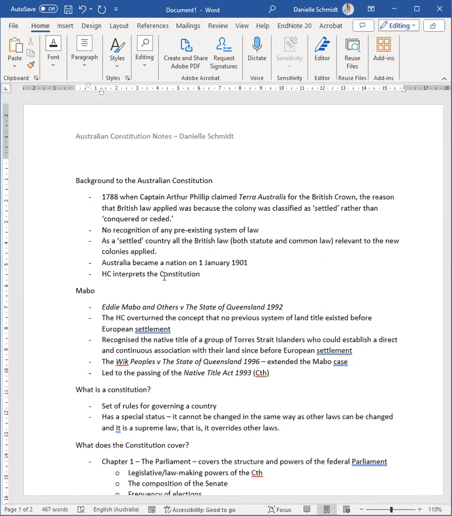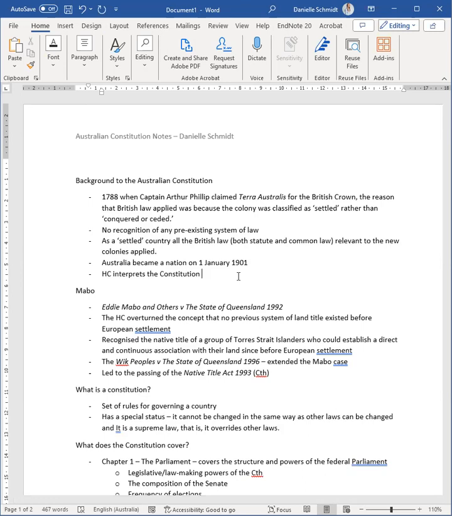So the High Court only needs to do this when a specific case is before the court requiring a ruling on a provision of the Constitution. So it doesn't give advisory opinions, but sometimes there might be a disagreement over the meaning or application of a particular provision. Or, for example, there may be developments which were not foreseen when the Constitution was written. A classic example of that is aviation and television.